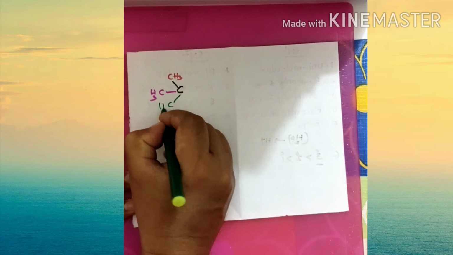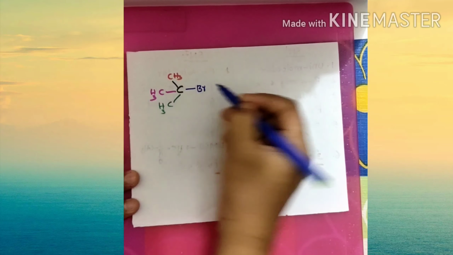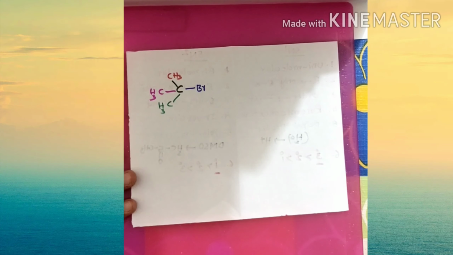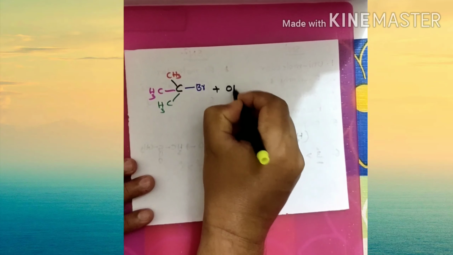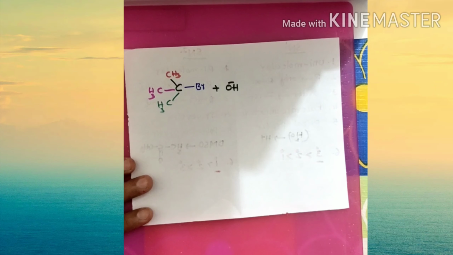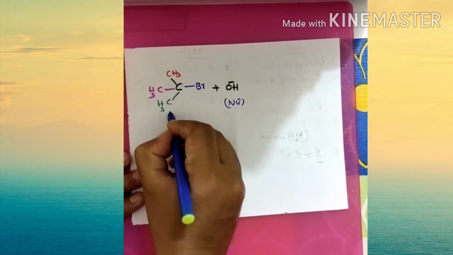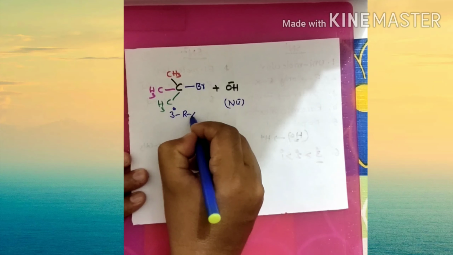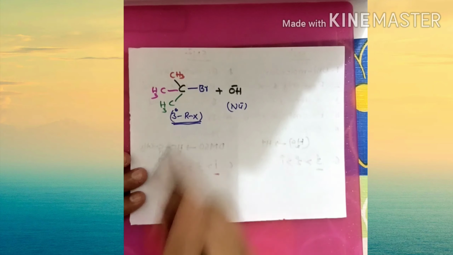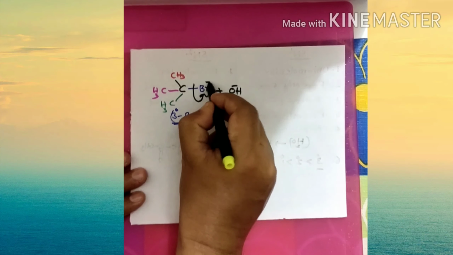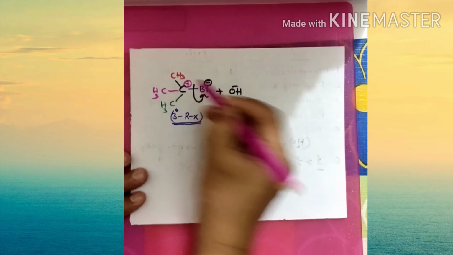This is a 3 degree alkyl group and I am adding the halogen now. Now why will it not take part in SN2 reaction? Look here. This is a nucleophile. This is a 3 degree alkyl halide, that is tertiary butyl bromide. This is the leaving group, and then you get the carbocation with positive charge.